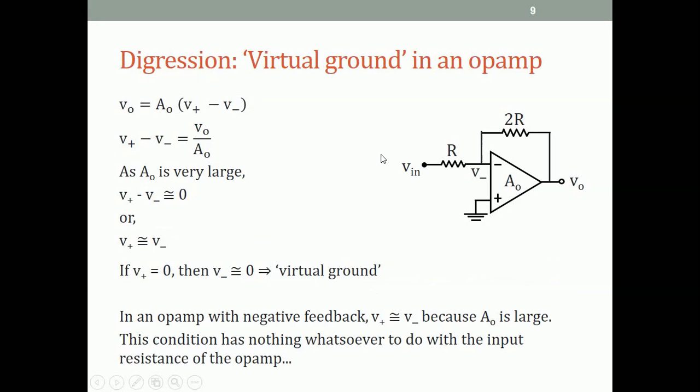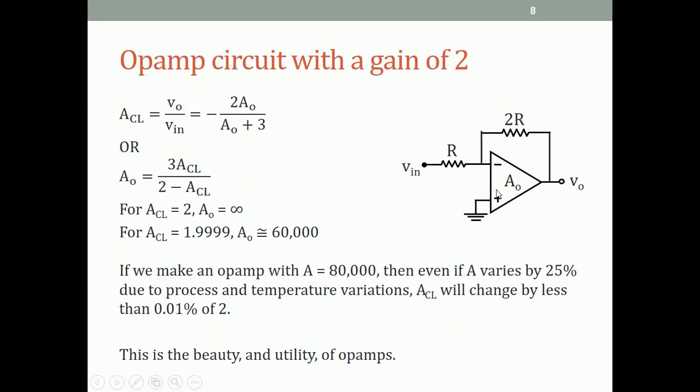Alright, I want to digress a little and talk about the virtual ground, which you all have studied in your undergraduate, but I have found that a large number of students really don't know the answer to this question. So let's go back here.